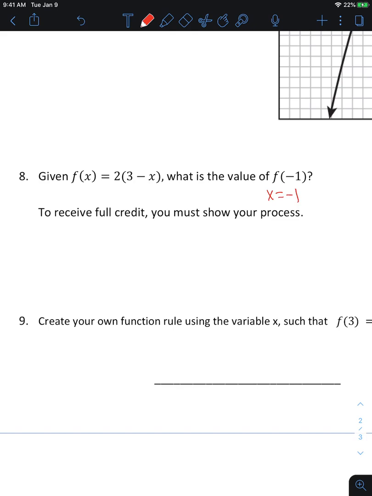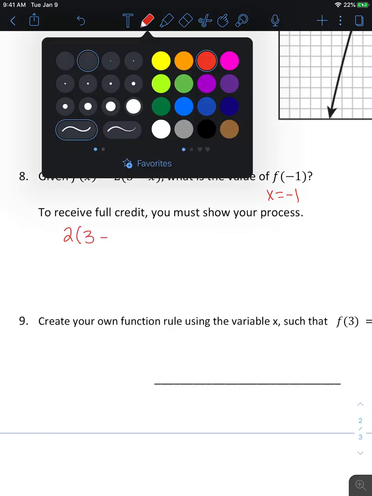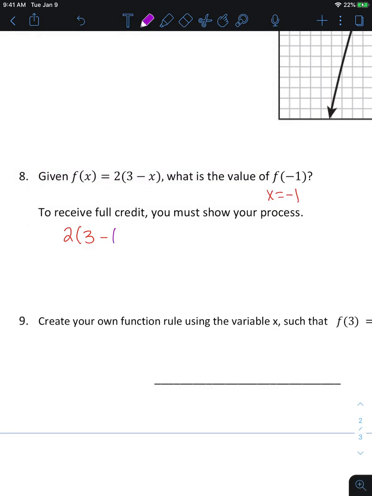When we have negatives that we're plugging in for x, sometimes we like to put them in parentheses. So what I mean by that is you do 2 times 3 minus, and we're going to plug in that negative 1 for the x. So I'm going to put that negative 1 in parentheses like that and substitute it in like that.